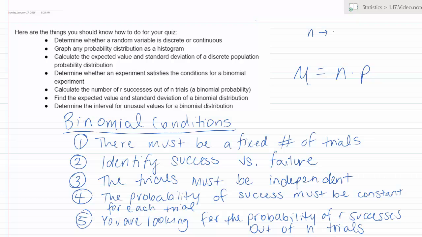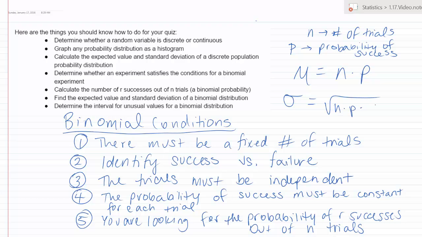N is the number of trials, and p is the probability of success. To find sigma, the standard deviation, you do the square root of n times p times q. And remember, q is the probability of failure. It's equal to 1 minus p.